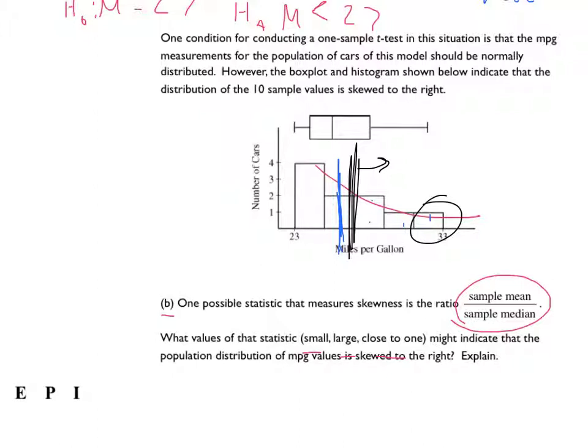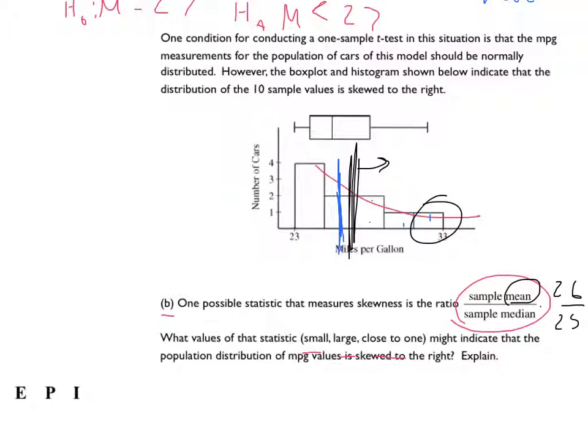So if the median was, let's say, 25, the mean would probably be a little bit higher, let's say 26. The point is not that you get this particular number that I got. You would actually probably not want to write something like that or erase it if you did. It's that this value is larger than 1.